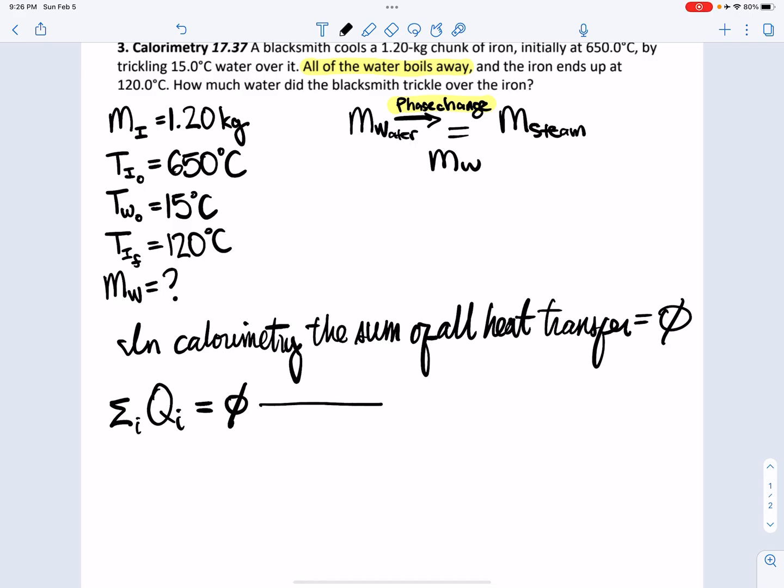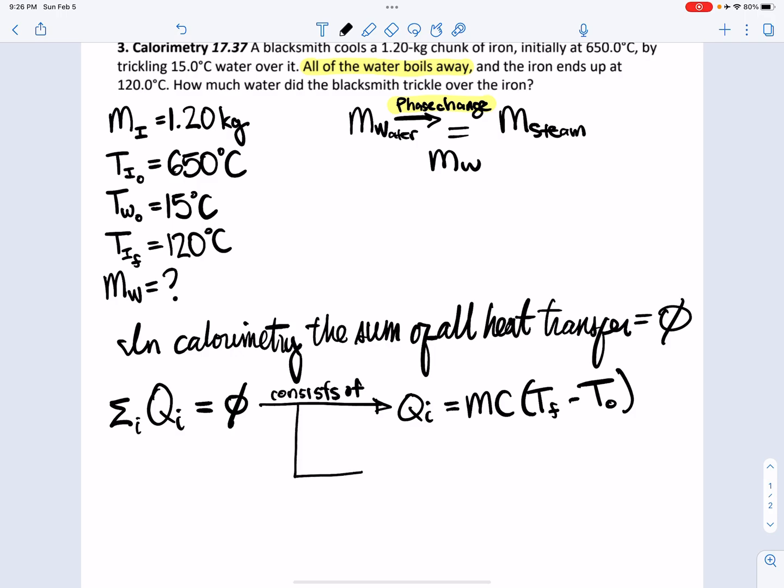So what I explained in the video, but I will explain again, this consists of two things. The first one is Q i is equal to M C delta T, or T final minus T initial.